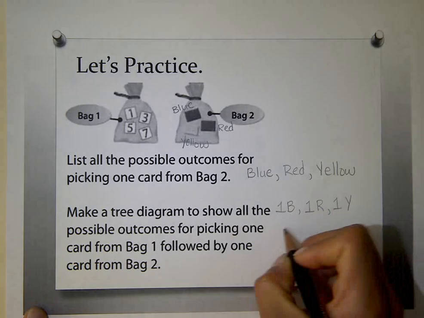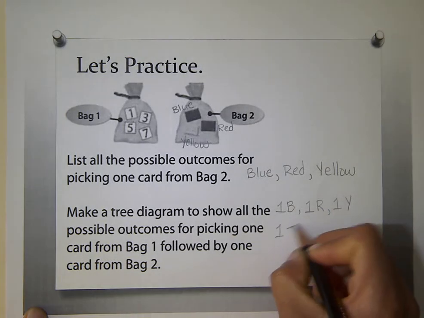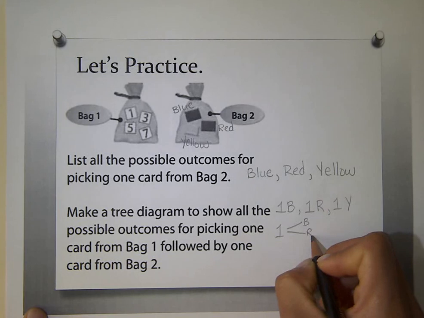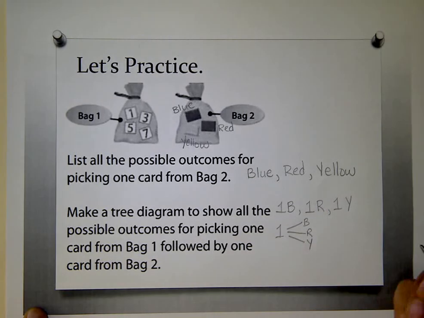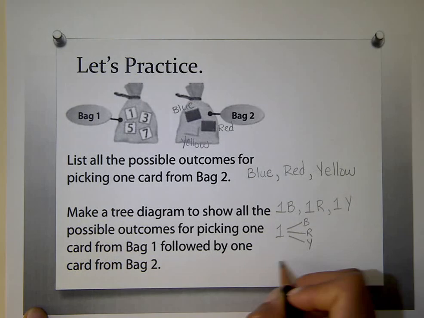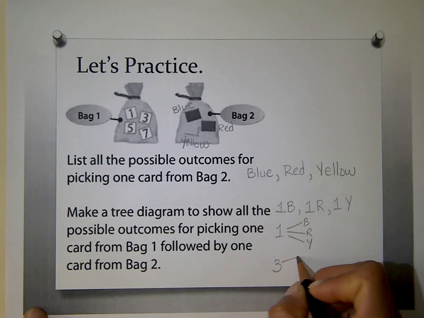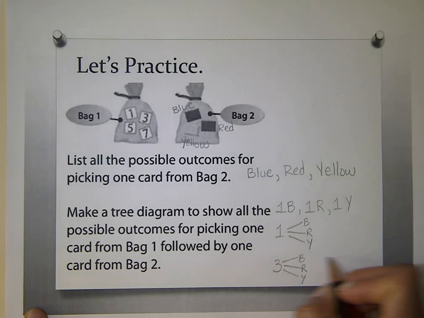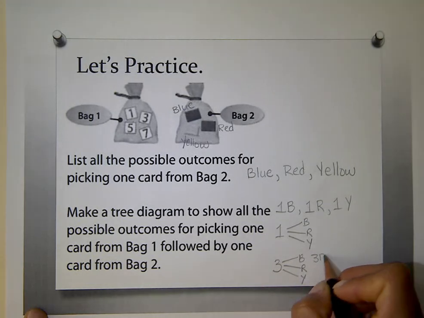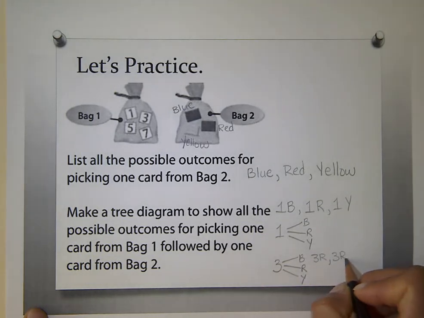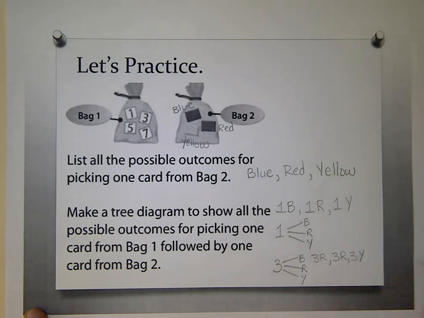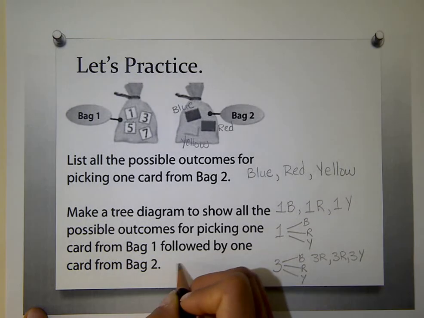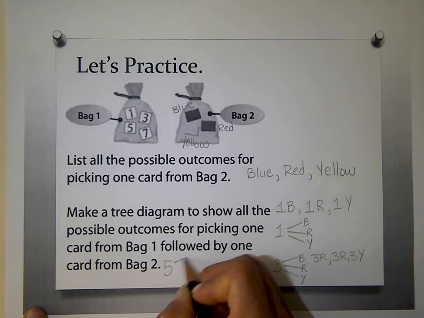So as a diagram tree, it would look like this: blue, red, yellow. Now let's do 3. 3 blue, 3 red, 3 yellow. Okay, let's do 5. 5 blue, 5 red, 5 yellow.